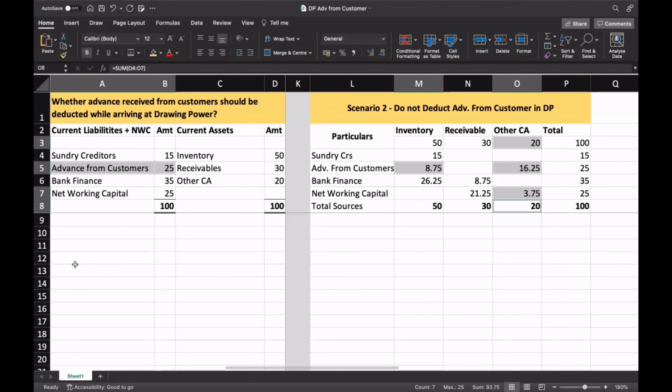So to conclude, whether advance from customers should be deducted while arriving at the drawing power, it is based on your bank's loan policy guidelines, because different banks will look at this scenario in a different way from the risk perspective. But given the same scenario, if you are going to deduct advance from customer, then that would result in lesser utilization of the sanctioned bank credit despite having adequate drawing power.